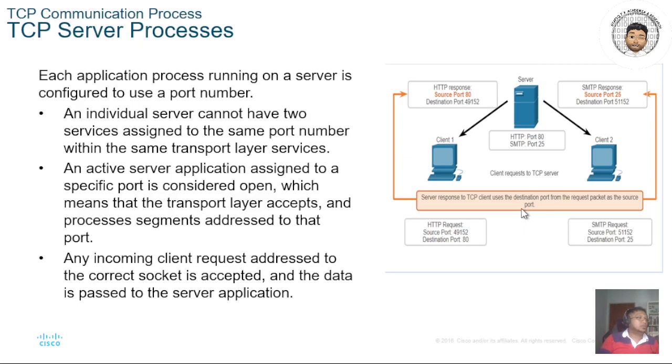So the destination port here is 49152, and the HTTP request has this as the source port for client one. When they are established, they will communicate directly toward 49152.